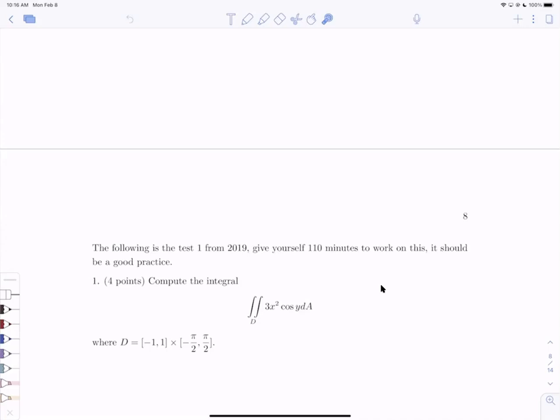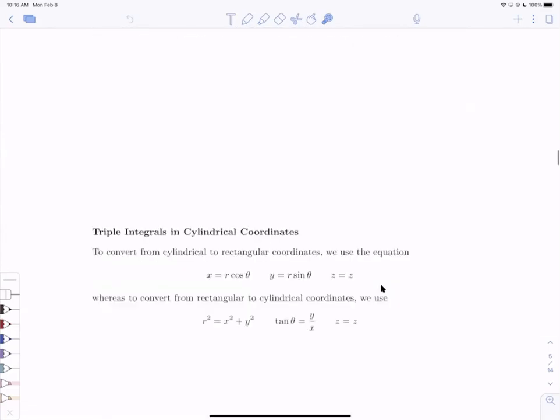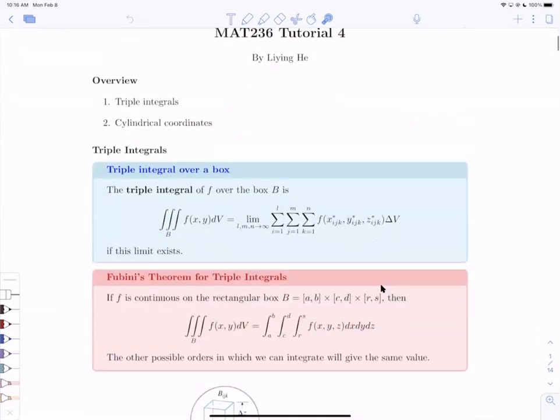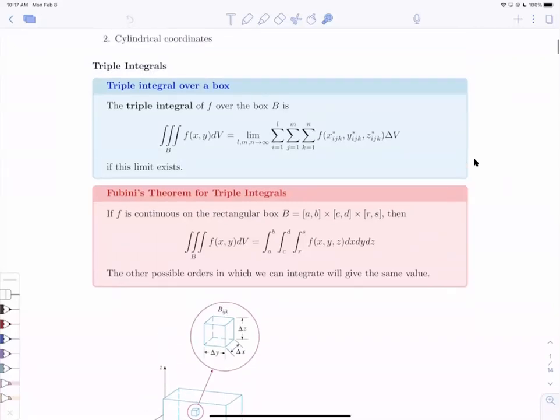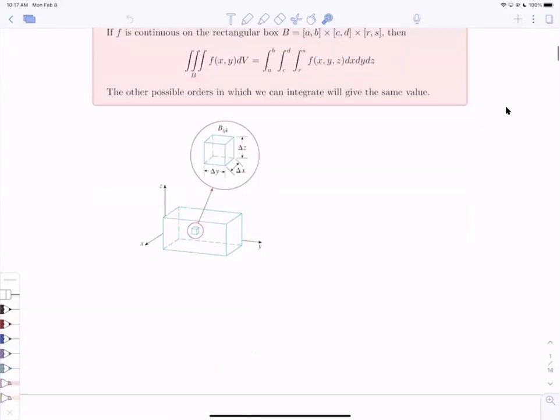Anyway, let's do the tutorials. So go back to triple integrals. Before, we had a double integral, which was on a rectangle. Right now, a triple integral would be over a box. So the box is like this box.